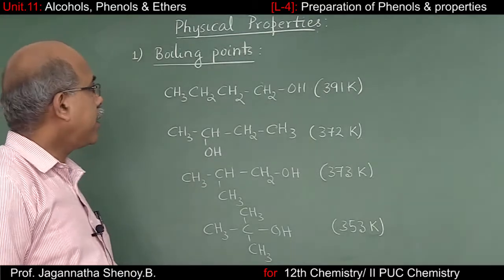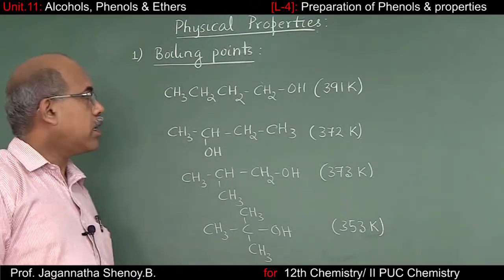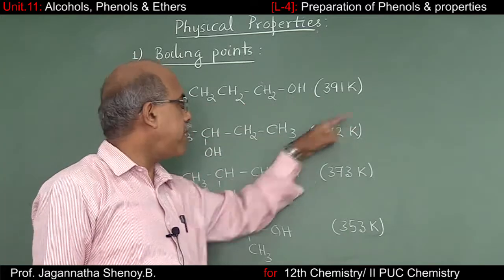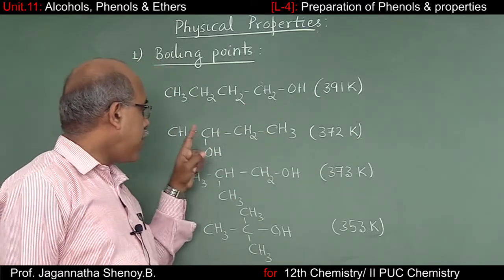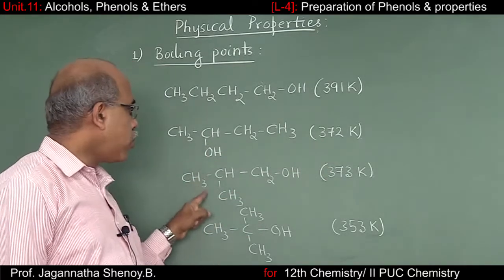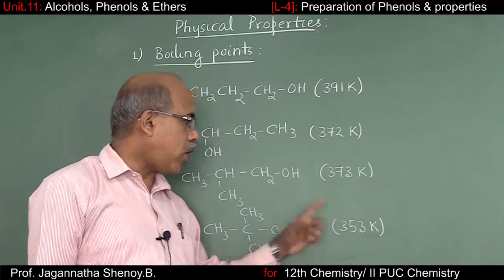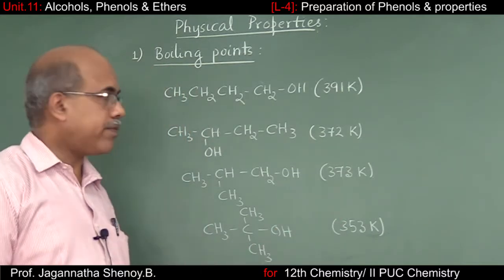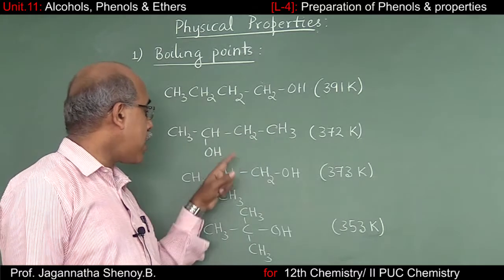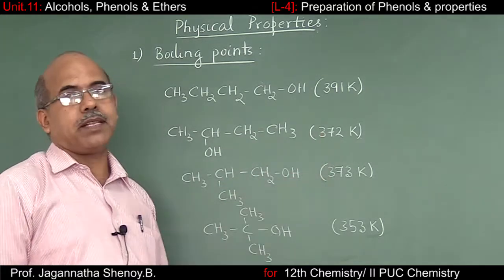We will compare the boiling points of isomeric alcohols. Here, the boiling point of n-butyl alcohol is 391 Kelvin. That of secondary butyl alcohol is 372 Kelvin, isobutyl alcohol is 373 Kelvin, and tertiary butyl alcohol is 353 Kelvin. If you compare secondary butyl alcohol and isobutyl alcohol, the boiling points are almost comparable.